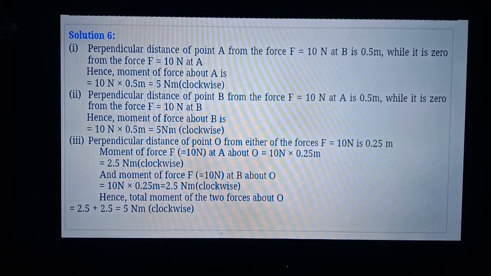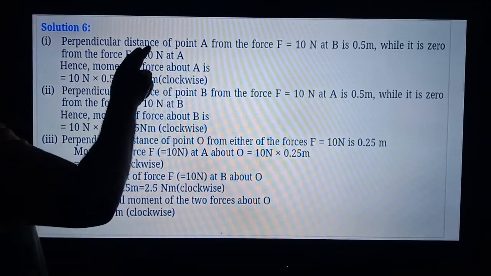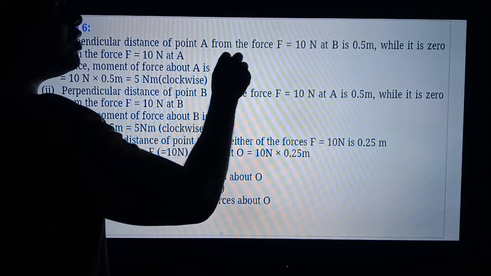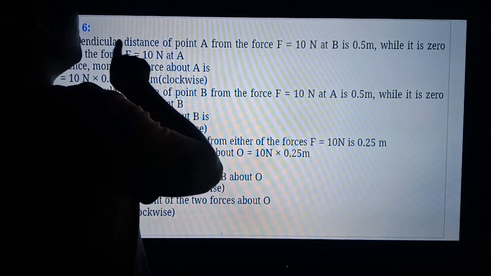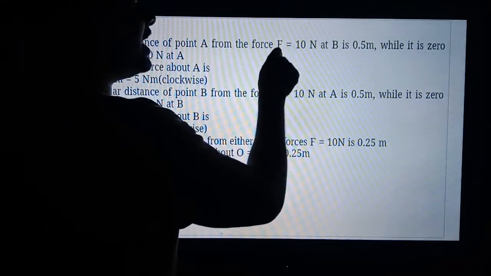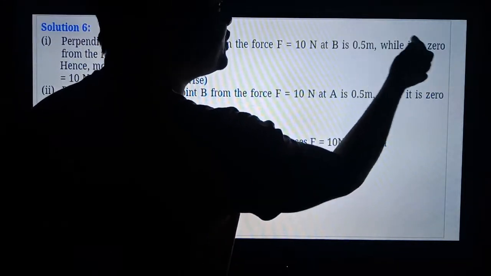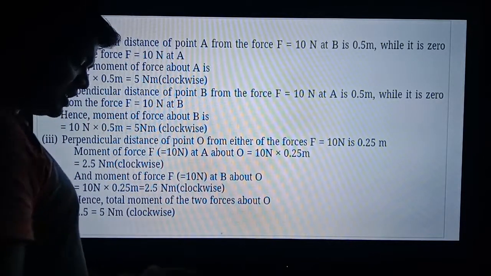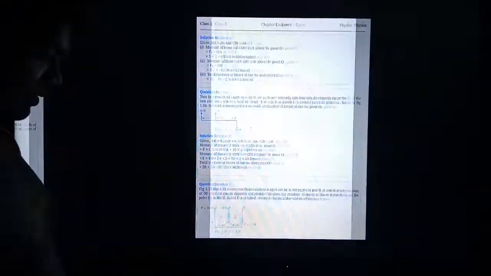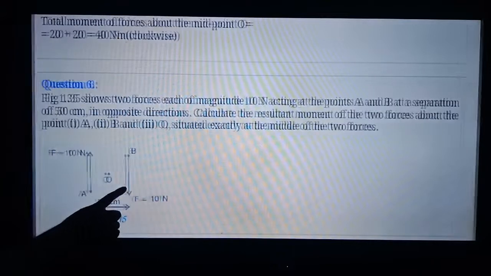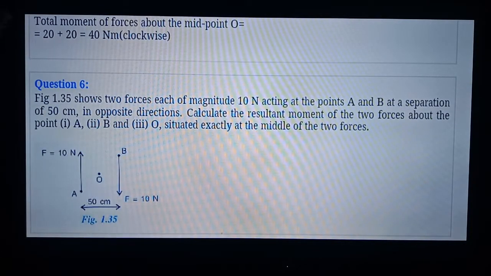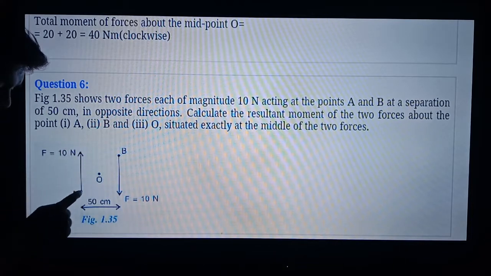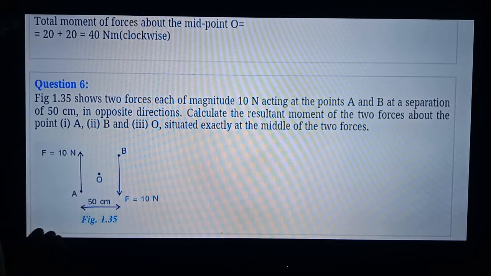See. Number 1. Perpendicular distance of point A from the force F 10 Newton at B is 0.5 meter. Means the force acting at A, the distance of this force from B is 0.5 meter, and the distance of this force from A, that is 0.